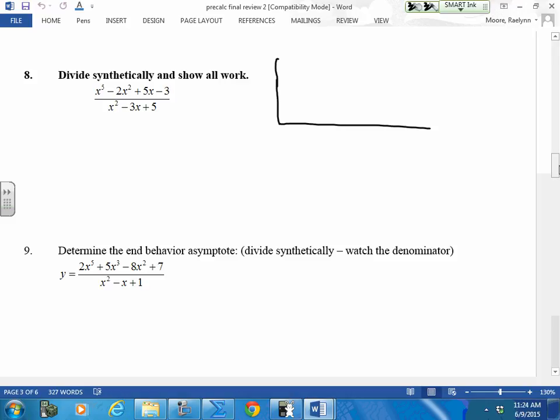So there's a 1. That's 5. I'm missing a 4. I'm missing a 3. I have a 2. I have a 1. I have a 0. Remember we used to say 5, 4, 3, 2, 1, 0. Make sure they were all there.